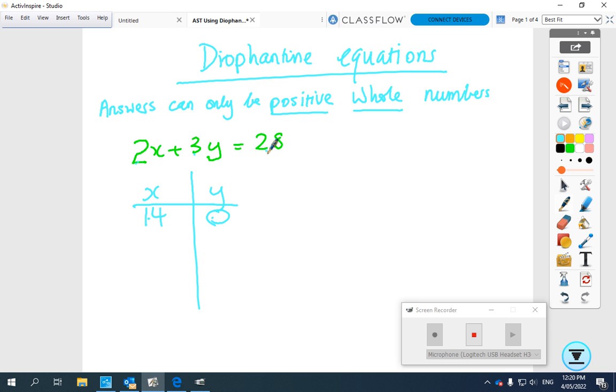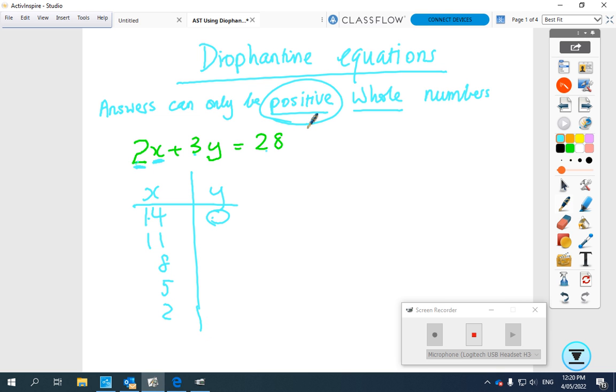The x variable will change by 3, and you don't have to understand why, they just change. Now we just decrease it: 11, subtract 3, 8, subtract 3, 5, subtract 3, 2. And we can't go any further because we have to have positive numbers.